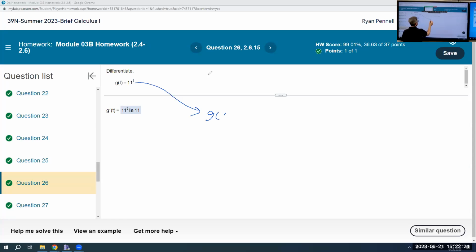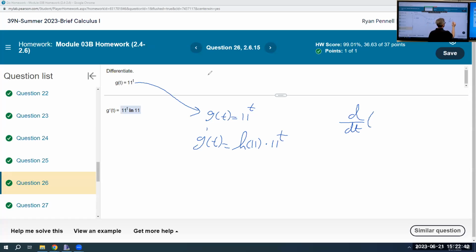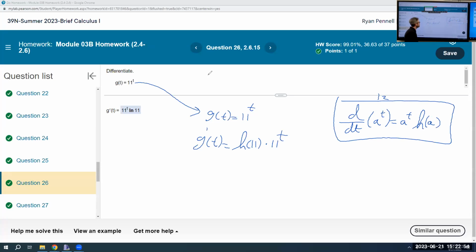We have g of t equals 11 to the t. Well then, what is g prime? ln 11 times the original. That's the idea.